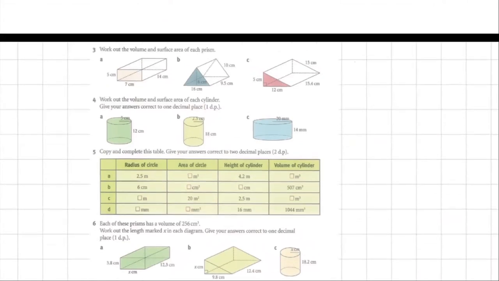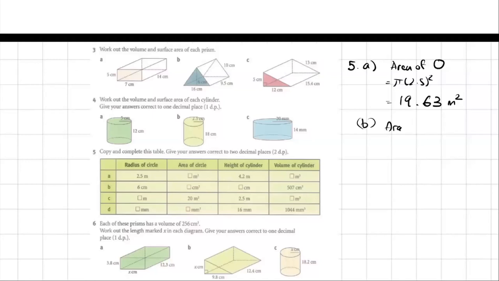For 5A, area: pi times 2.5 squared, 19.63 meter squared. B, area of circle: 113.097.